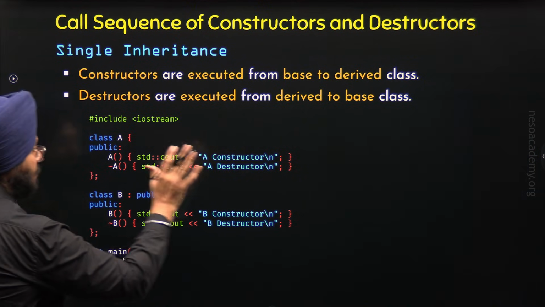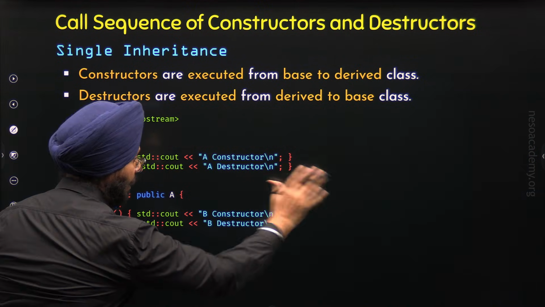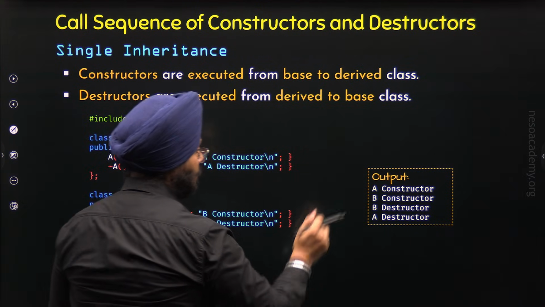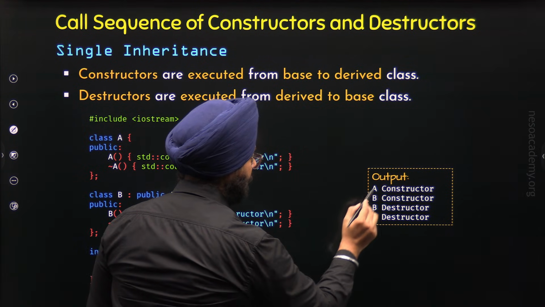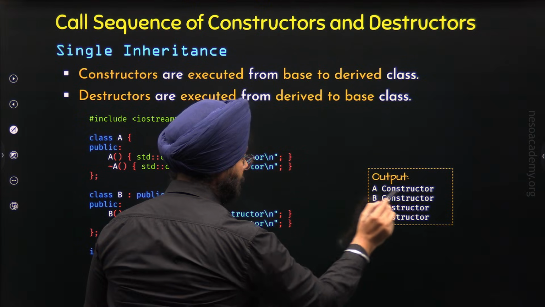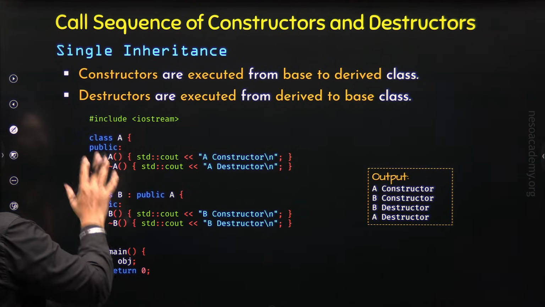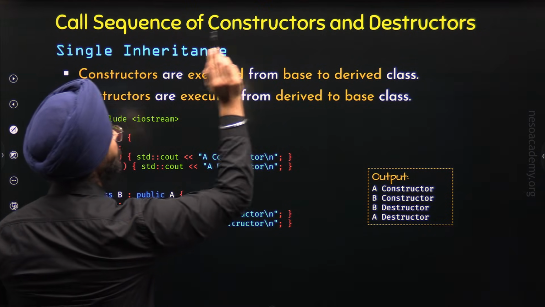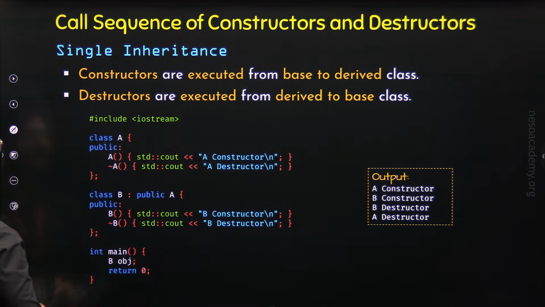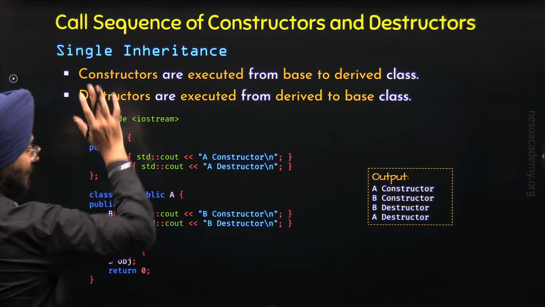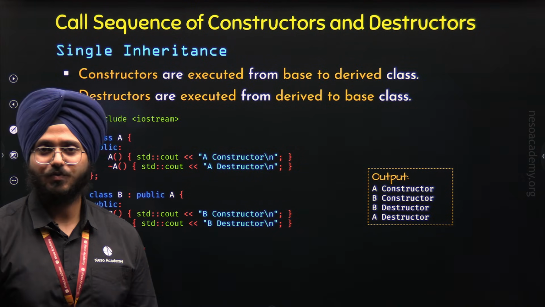Now, when we execute this program, we know what is going to be the output. We will get this output: A constructor, B constructor, B destructor, A destructor. So, this program clearly shows the call sequence of constructors and destructors in case of single inheritance. I hope this is clear to you.